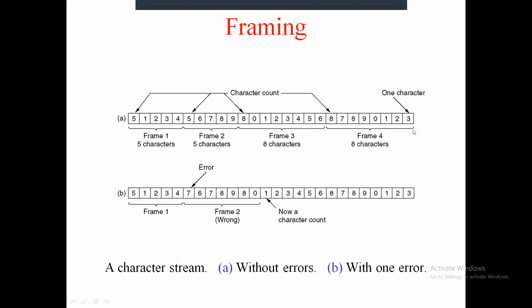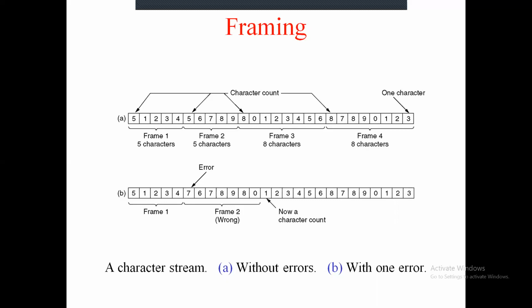I already told you what is meant by framing. Framing is a process of converting the packet into a frame. The data link layer will get data from the network layer.